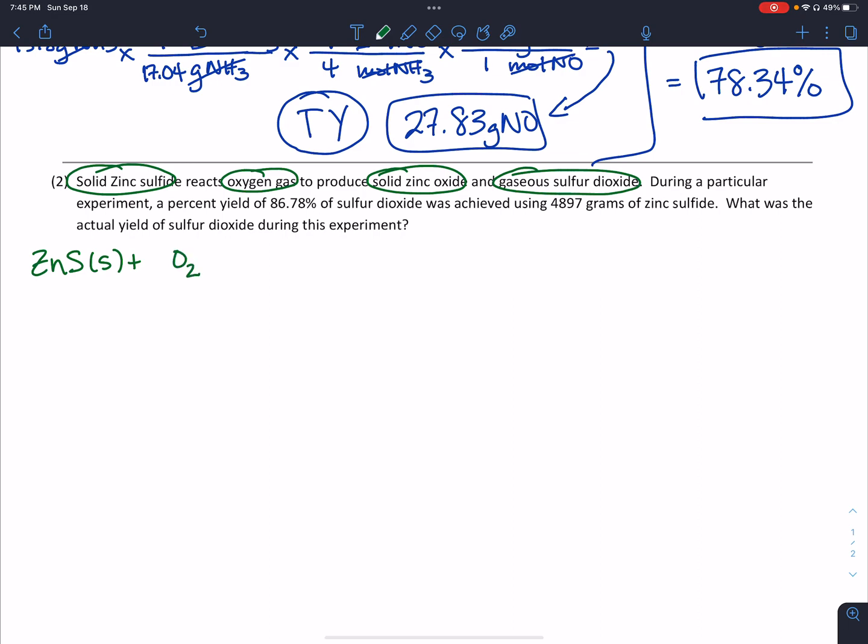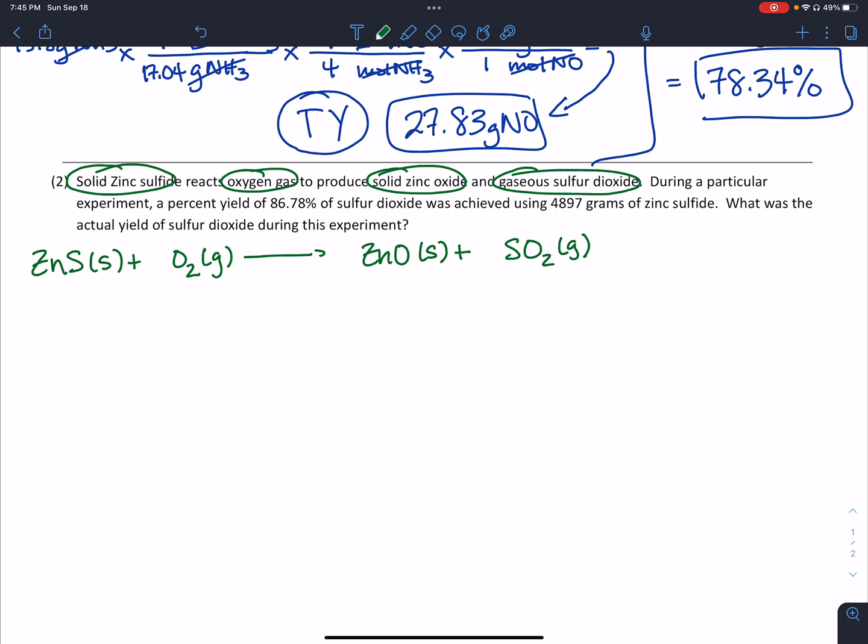Oxygen's one of our diatomics, so O2 gas, reacts to form zinc oxide, so zinc again is +2, oxygen's -2, so one of each. Solid again. And then gaseous sulfur dioxide, so that di tells us 2 oxygens along with 1 sulfur. So there's our reaction.